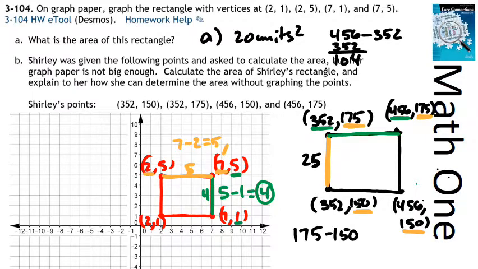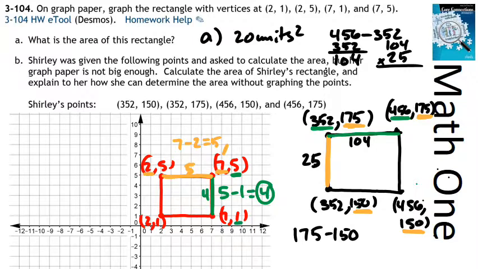So the change in x, traveling from 352 to 456, x increases by 104. That gives me exactly the dimensions of this rectangle. And if I do the multiplication, it's 25 times 104, and that's going to be the area.